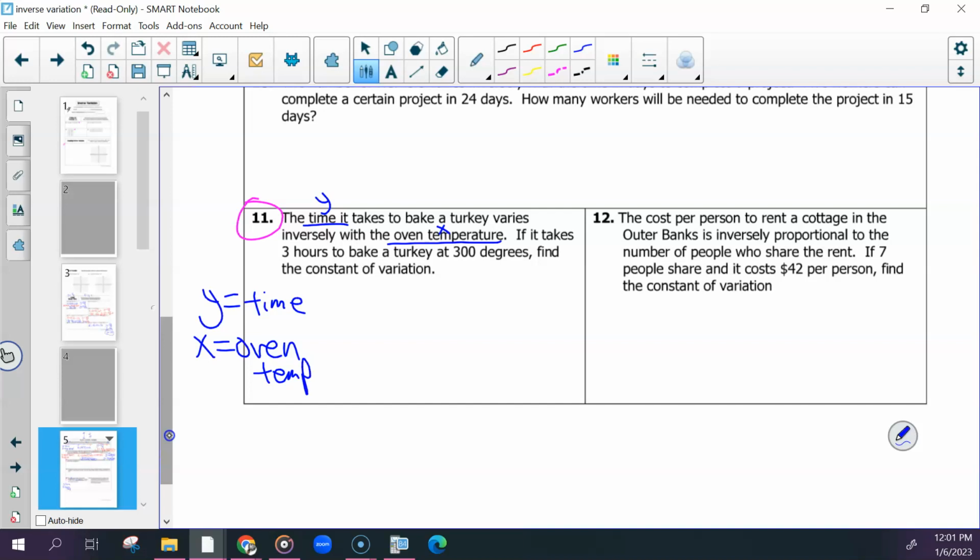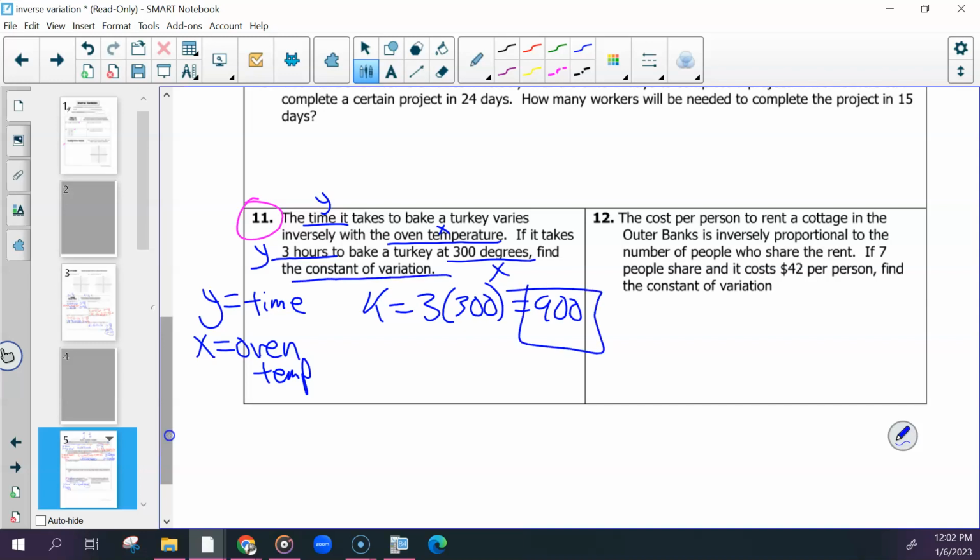If it takes 3 hours to bake a turkey at 300 degrees, so 3 hours is our y, 300 degrees is x. Multiply those to find your k value. Here, since it asks us to find the constant of variation, 900 would be our answer.